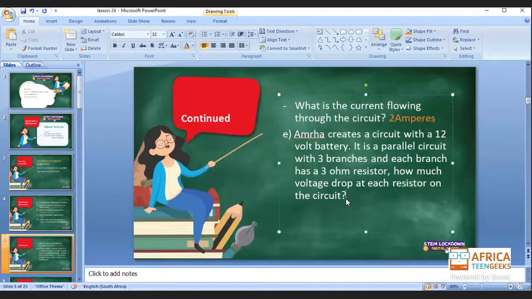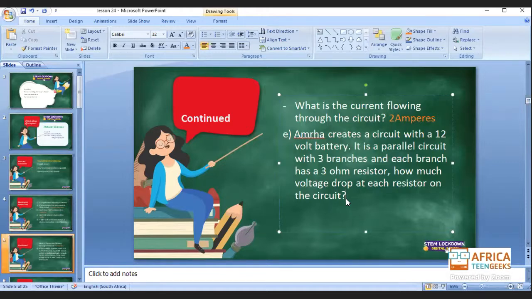None of the above. Why? Aren't you supposed to add 12 plus 3 plus 3? I think you need to add 12 plus 3 plus 3. I think, I'm not sure. No. The battery is giving us 12 volts, and it is a parallel circuit with 3 branches, each branch with a 3 ohm resistor.